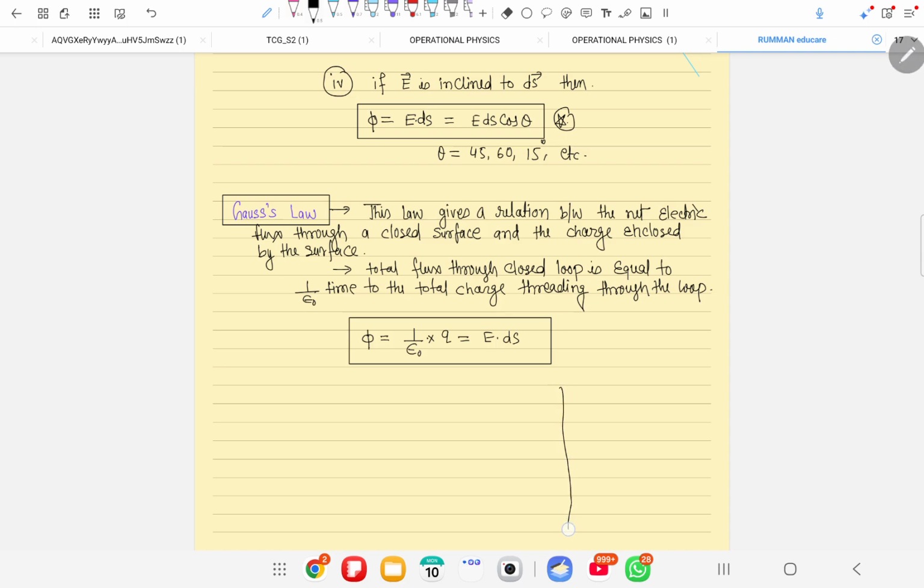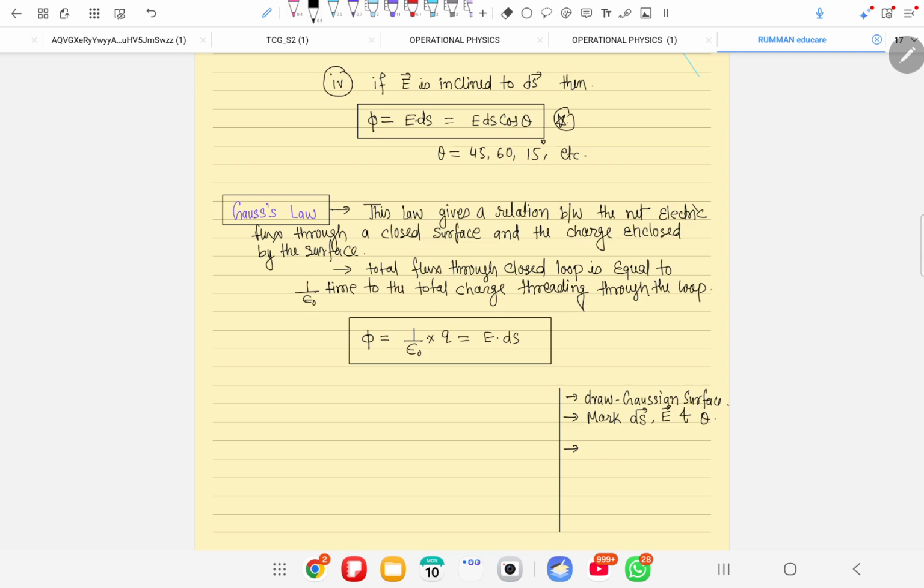Second, mark the ds vector, E vector and theta.